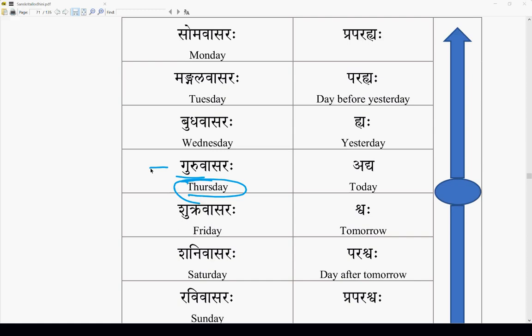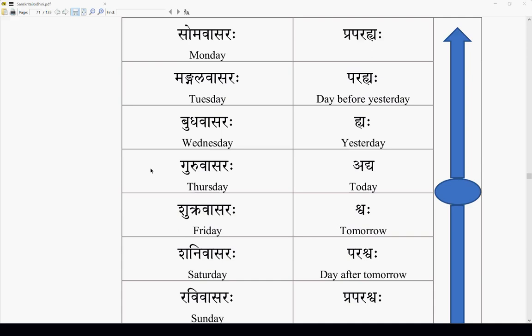So it's called Brihaspati Vasara also. Guru Vasara, Brihaspati Vasara is also very popular, for the same Thursday. It is named after Brihaspati because he is the teacher of all these gods, and he is also the heavy planet, Guru Vasara, Jupiter.